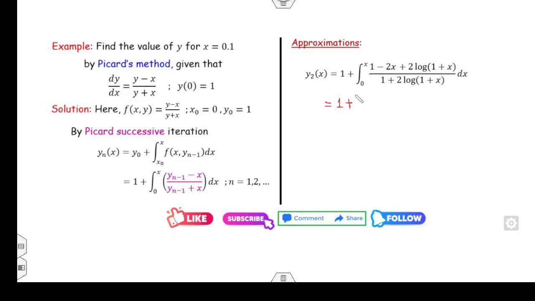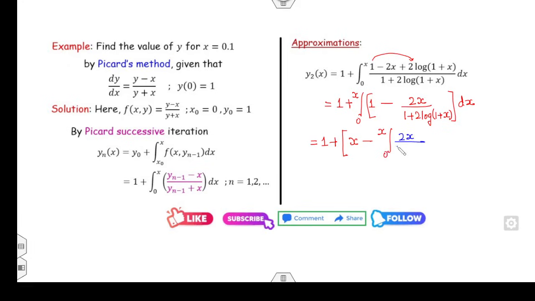Again, I can make these two pairs, so that will be 1 minus 2x divided by 1 plus twice log of 1 plus x. I can write this, right? Fine. Now how can you integrate them? The first integration is simple. The integral of 1 is x. But look at the second term. The integration of the second term is not an easy target.